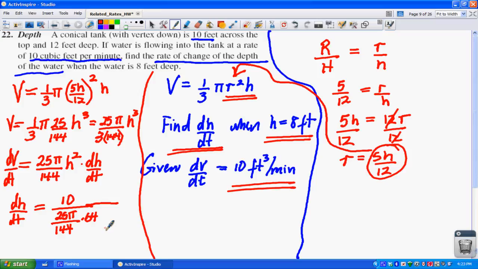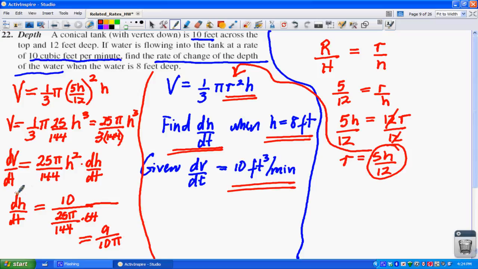And then you do some simplification right here. When you simplify, I'm not going to do it for you. You should be able to simplify this all on your own without a calculator. And when you finally do it, you should end up with 9 over 10 pi. Okay, now what are the units?